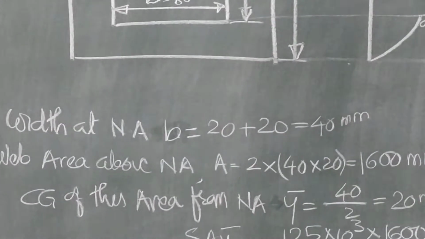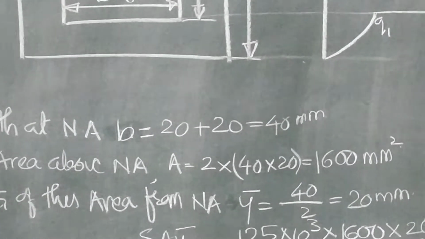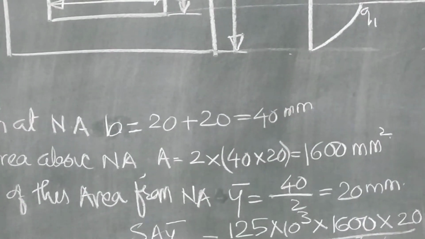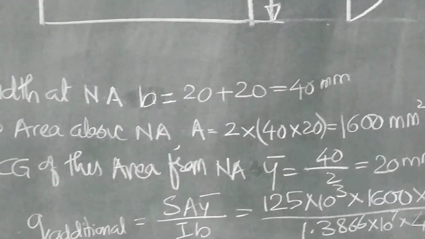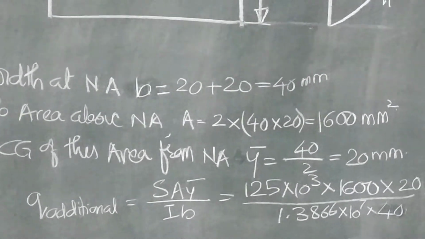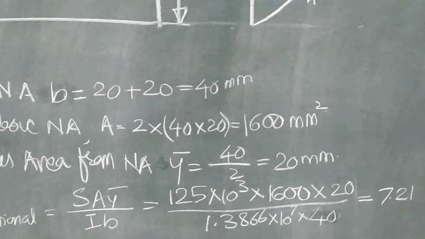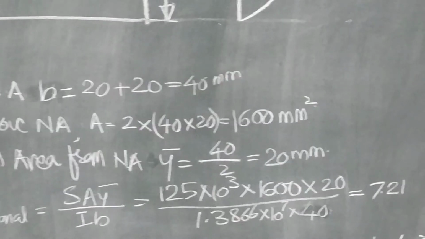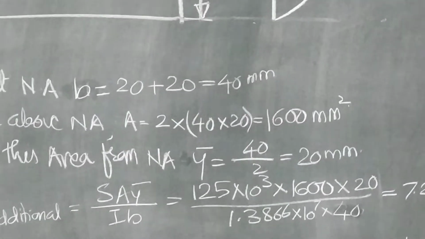CG of this area from neutral axis, Y bar, is equal to 40 by 2, which is 20 mm. Now Q additional is S A Y bar upon I B. Using above parameters, put the value, we got 7.21 Newton per mm square.